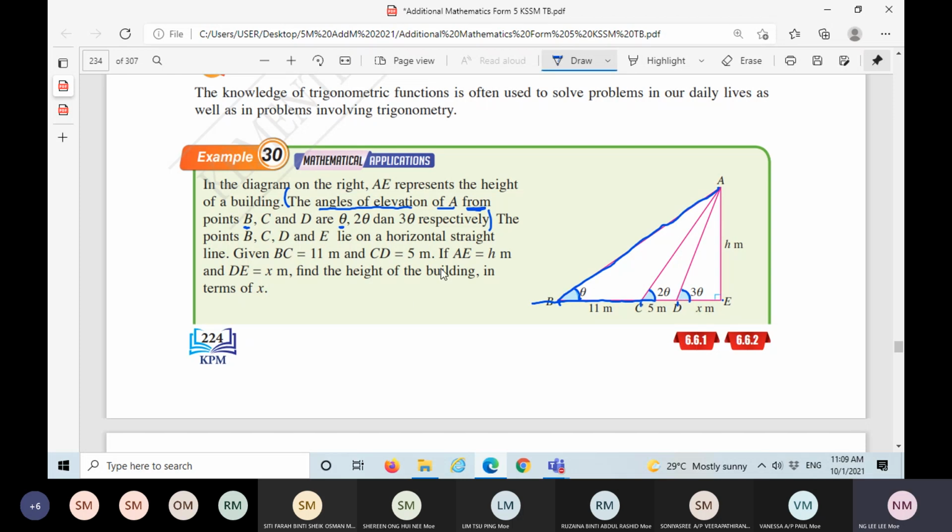Find the height of the building in terms of X. It means they want you to find H in terms of X. H on the left hand side, the other things on the right hand side, and there must have the X. Don't want the theta. Then how to do this question?